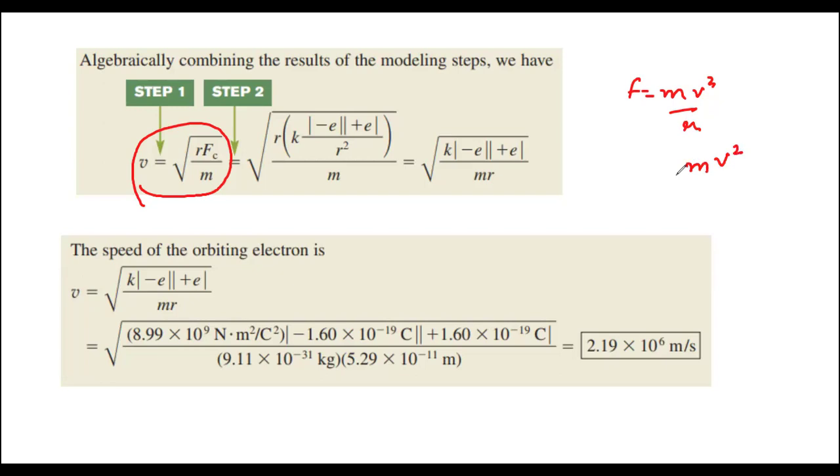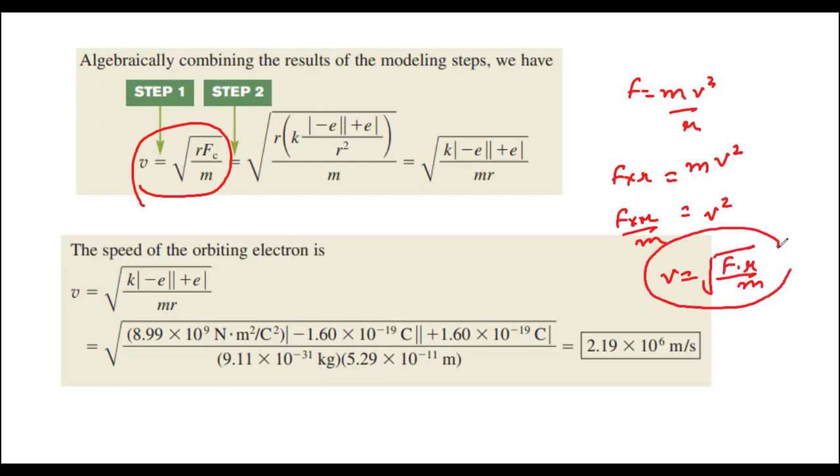F can go on this side, and m can also go on this side, and V is the square root of F times R upon m. So now you just need to find the value of F.